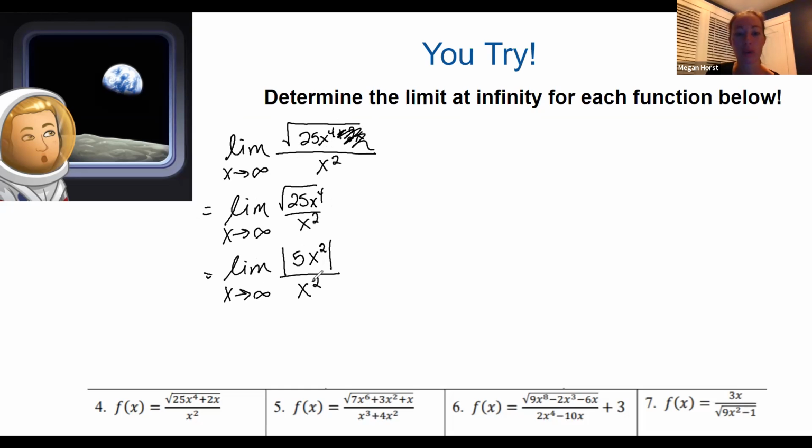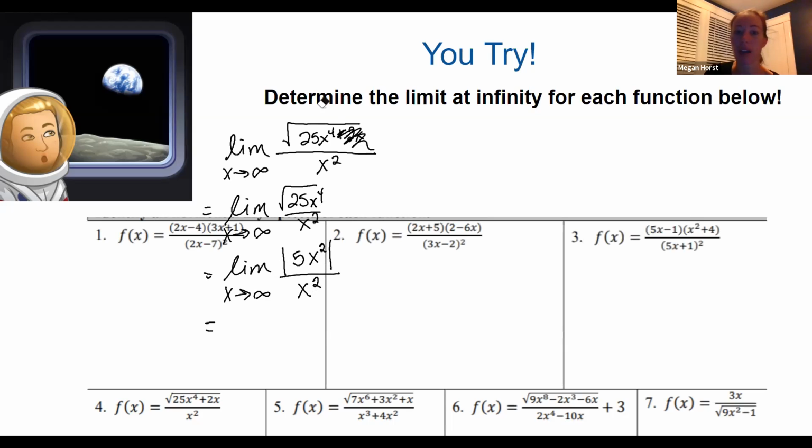Well, notice this term has to be positive, so we don't really need these absolute value symbols in here because I'm still going to get a positive result regardless. But again, I just like to put them to be safe. And it's going to go to positive infinity. Oh, no, I'm sorry. They're increasing at the same rate. So this is going to go to a positive 5.